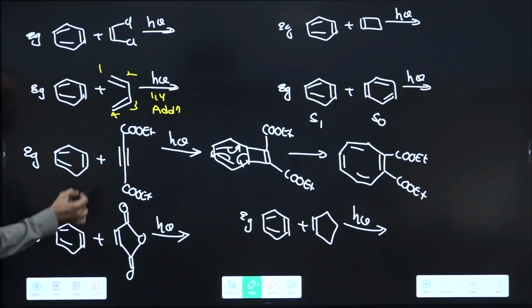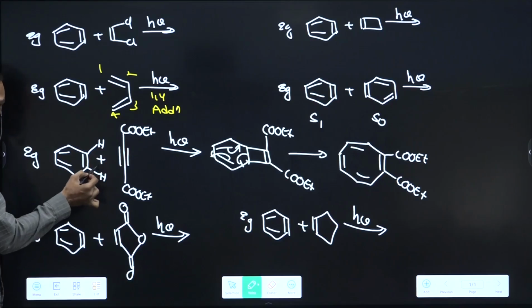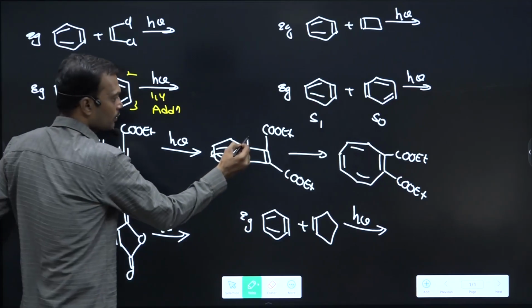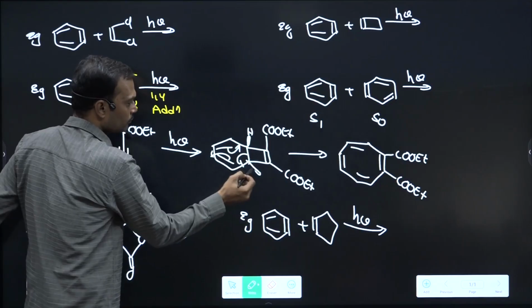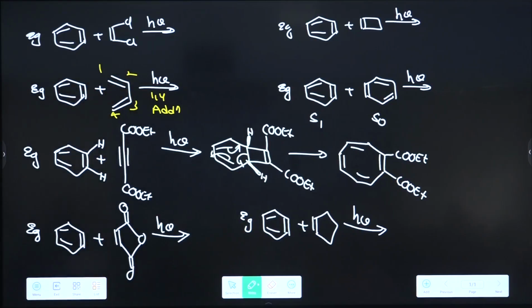Here what is the stereochemistry of these two? Here hydrogen is present, here hydrogen is present. Superficial, it is superficial, which means here I can write a thick line. That is the advantage of pericyclic in photochemistry.